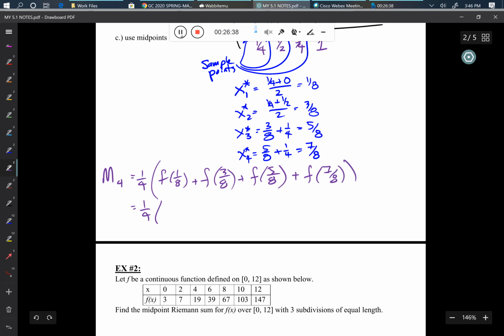So that's 1/4 times 1/64 plus 9/64 plus 25/64 plus 49/64. And because I'm feeling super lazy, I'm actually going to grab a calculator to figure that one out. So let's see. What's 1 plus 9 plus 25 plus 49? That's 84. Divide that by 4, and I get 21/64.